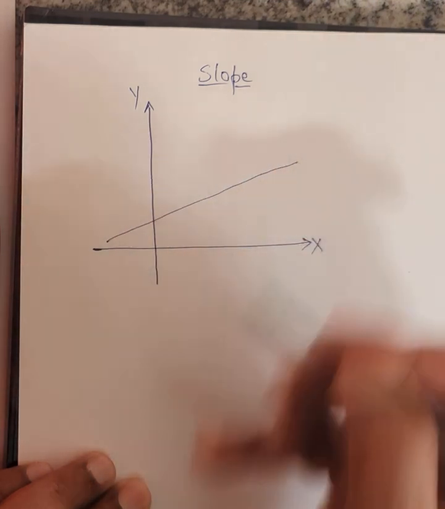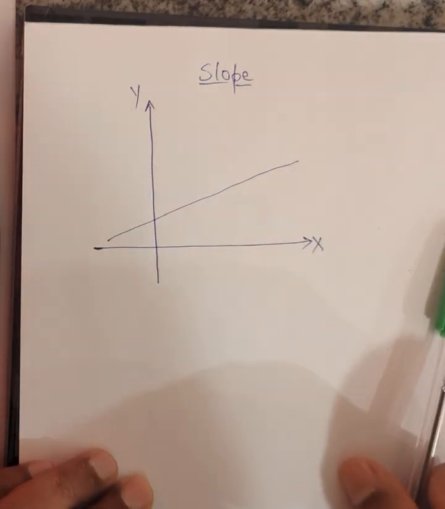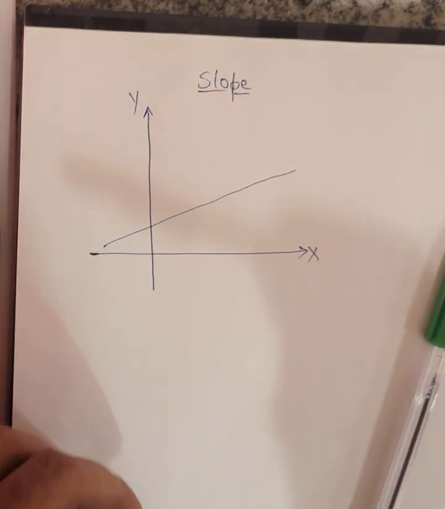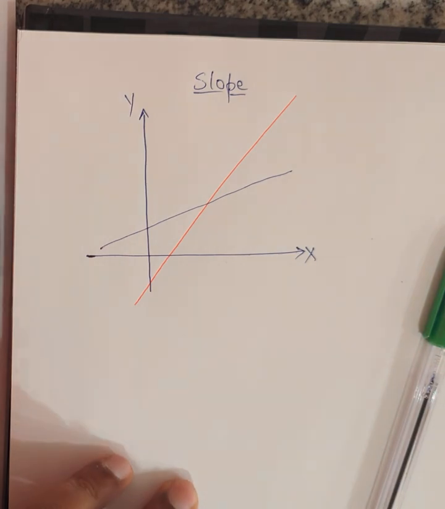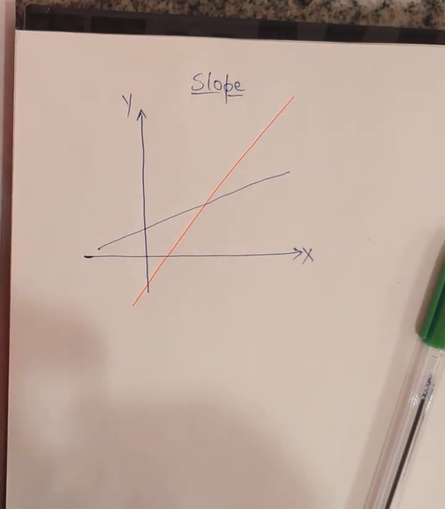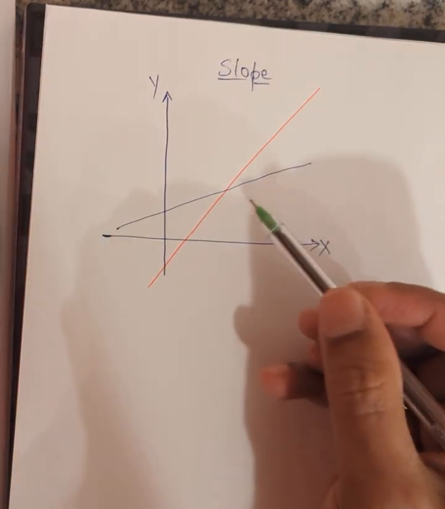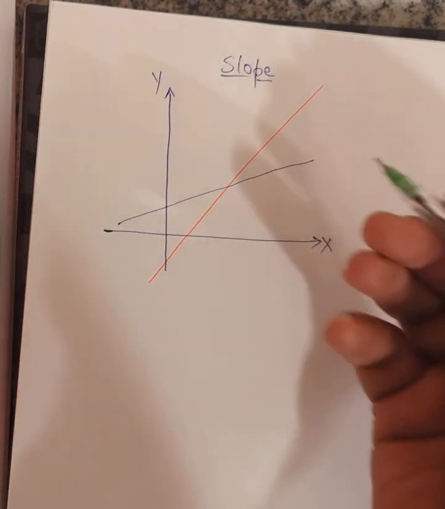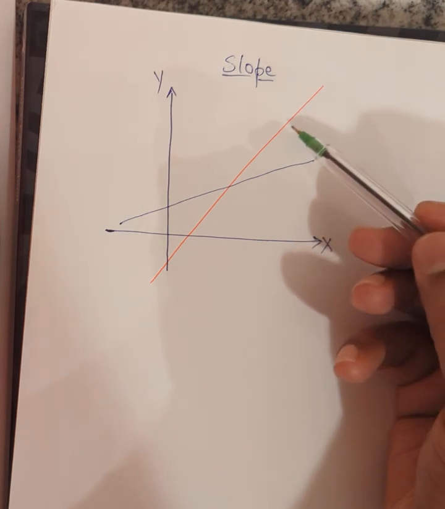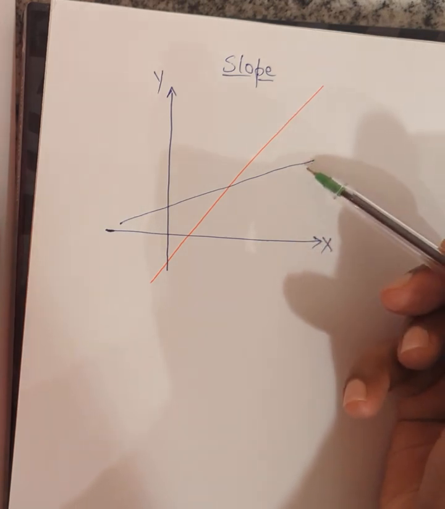So you can see this blue line, and then I'm going to draw another line, red line. Now, the blue line has less steepness and the red line has more. So we say that the slope of the red line is going to be higher than the slope of the blue line.